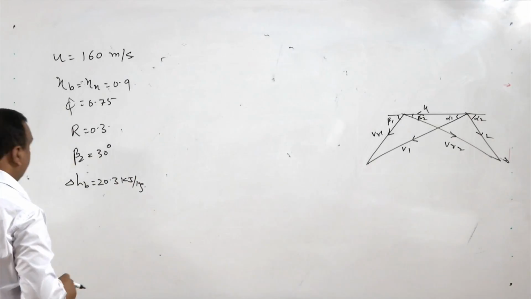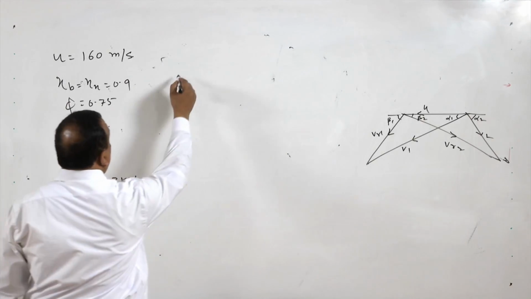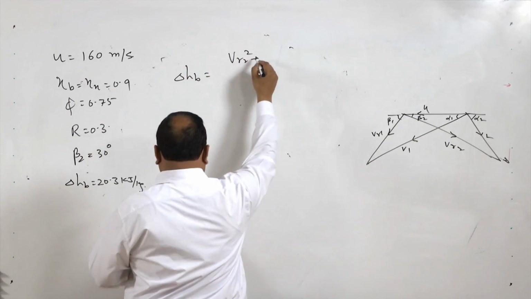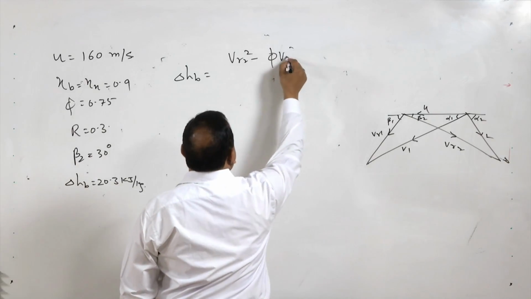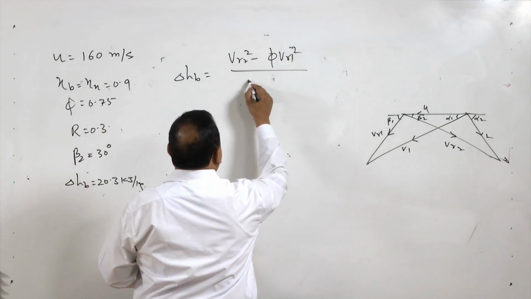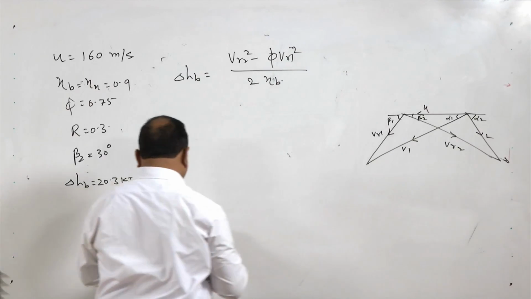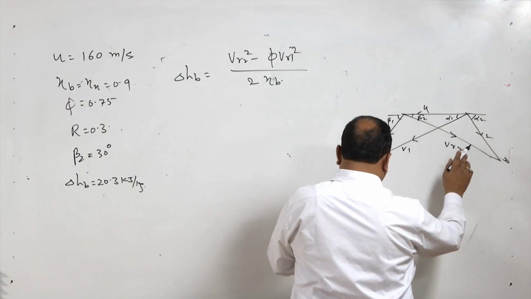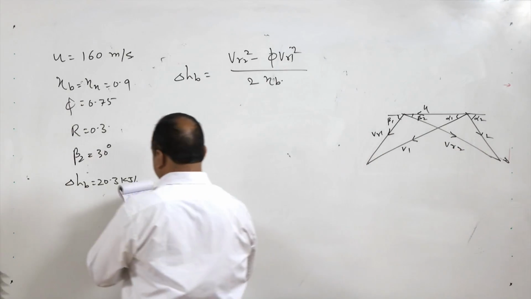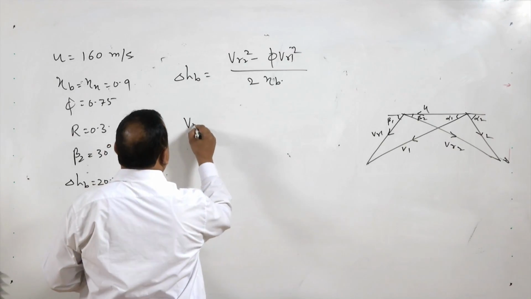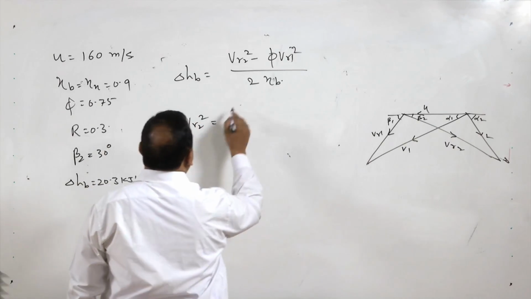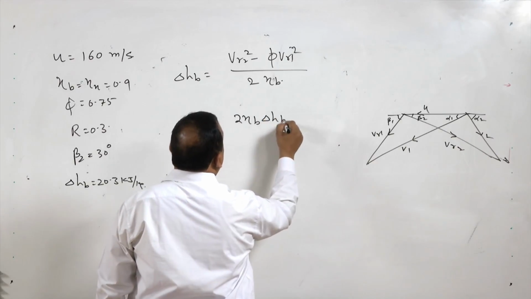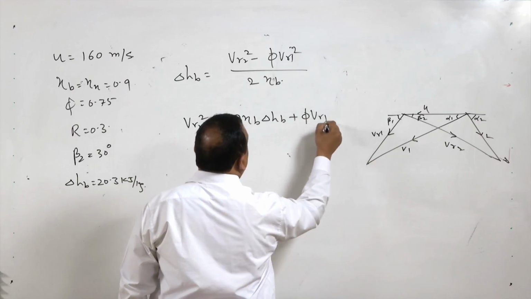Once the enthalpy drop in the blades is with us, that is delta HB, that is equal to (VR2 square minus phi VR1 square) divided by 2 efficiency of the blades. Now, here again we will take VR2 square, which is equal to 2 delta HB plus phi VR1 square.